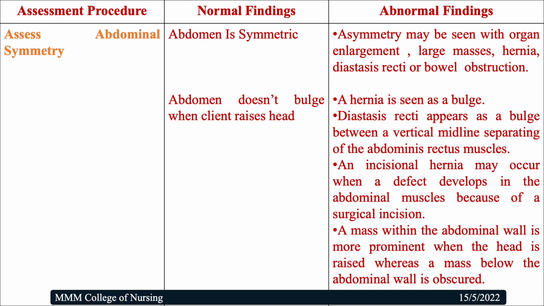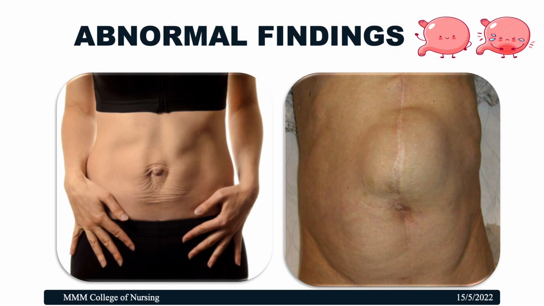A mass within the abdominal wall is more prominent when the head is raised, whereas a mass below the abdominal wall is obscured. The abnormal findings that are addressed here are the first one being diastasis recti and the second incisional hernia.